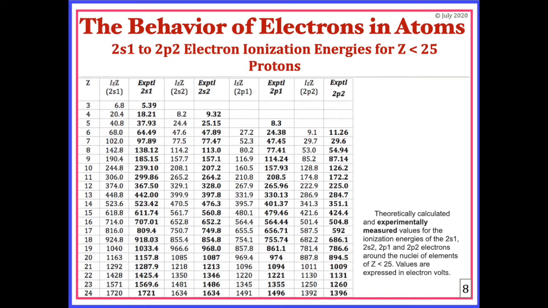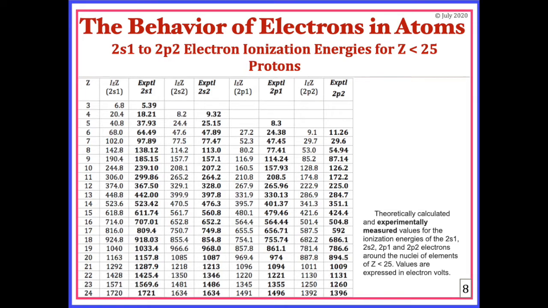Have a look at these predicted and measured values. I admit the calculations are a bit wobbly at lower Z values, with some differing by a few percent. It is different at the higher Z. Look at the Z equals 10 row. Predicted 306, measured 300. Predicted 208, measured 207. Predicted 160, measured 158.